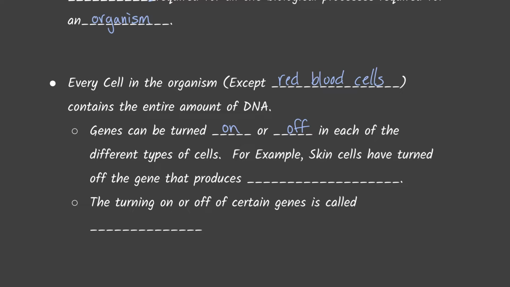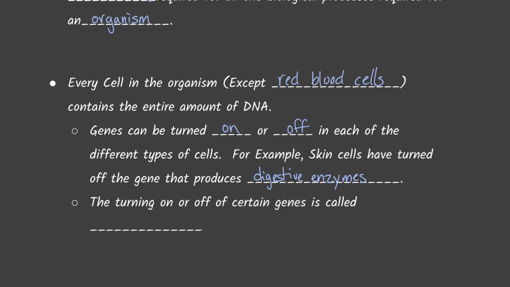So for example, there's no need for skin cells to ever digest food. They don't need digestive enzymes. So in skin cells, they turn off that gene that would produce digestive enzymes, but they might turn on the gene that would grow hair.